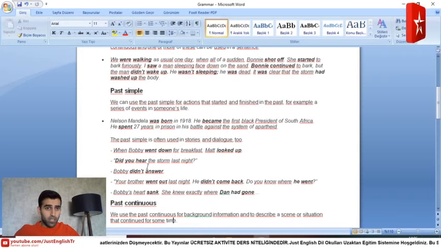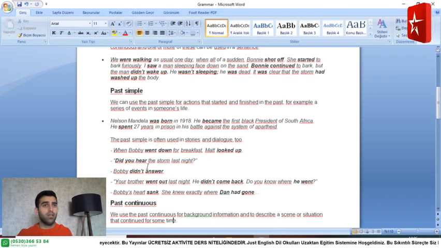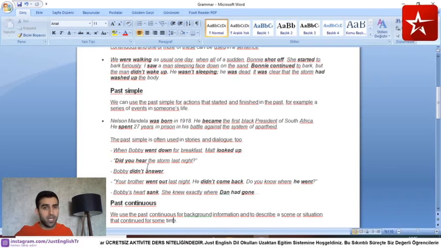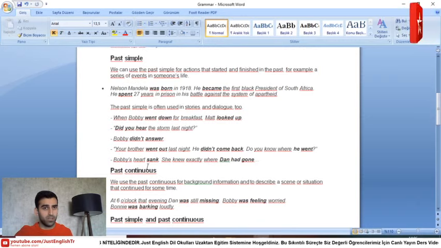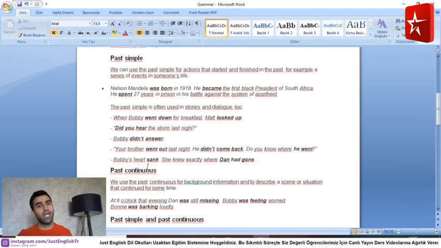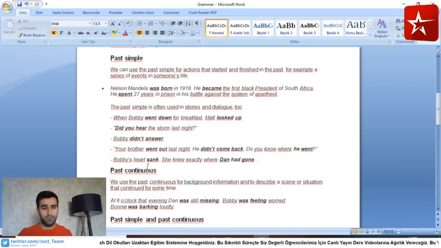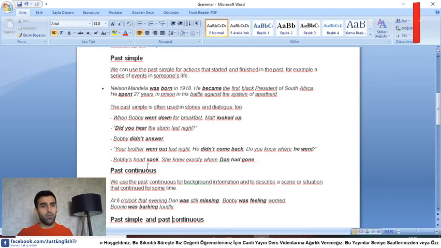Okay, if you have any question regarding the past simple, maybe you don't understand the exact usage, or how we can use past simple or past continuous, keep in your mind, we use past simple when we are talking about actions that happened and finished in the past. Okay, it's not related to now.